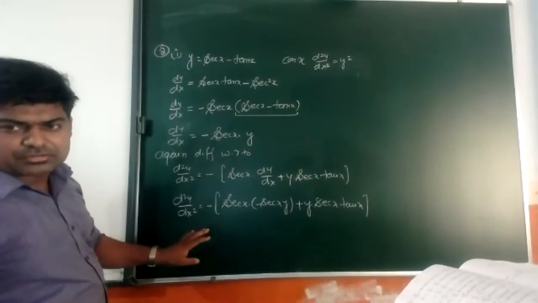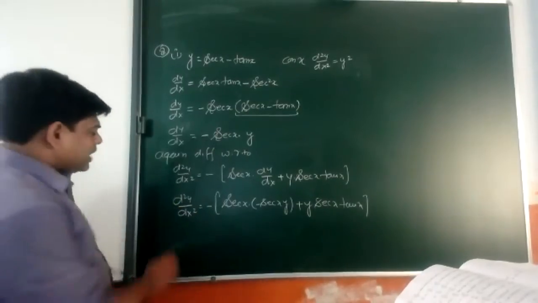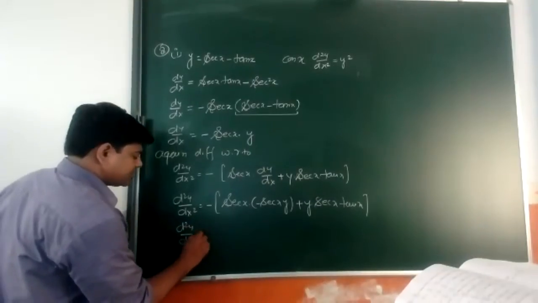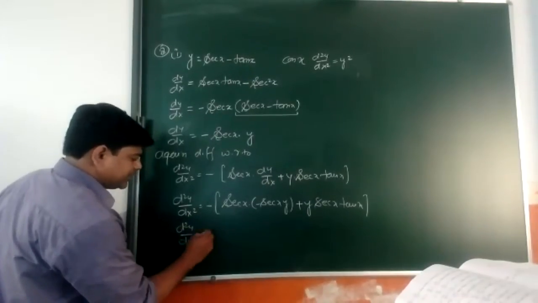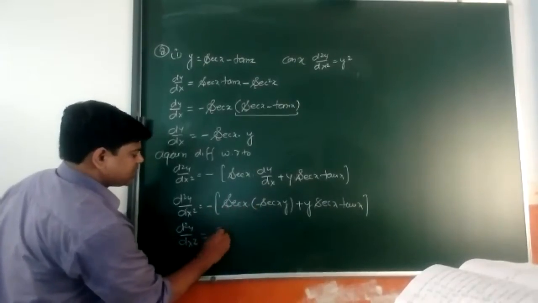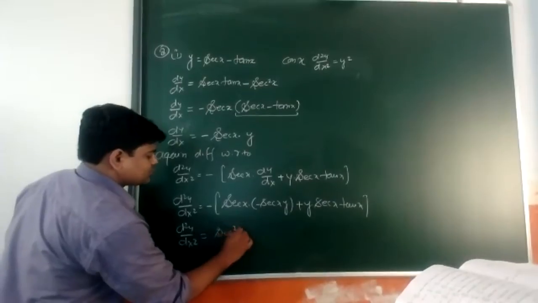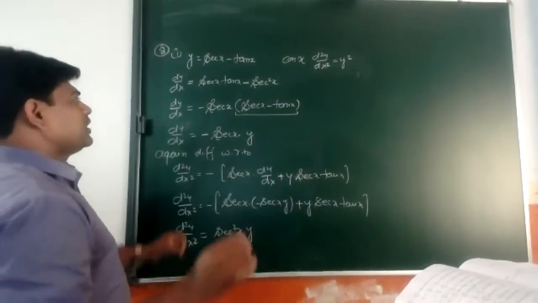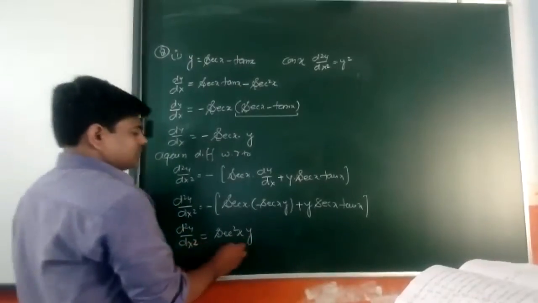Anyone have any doubt here? When I multiply, this minus will make it plus. I now have sec square x into y, sec square x into y.